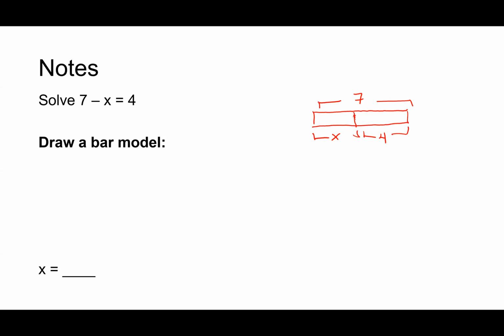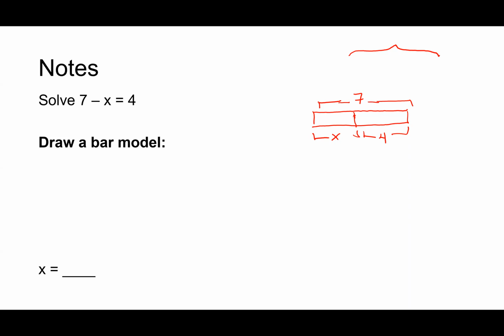Uzziah, is it okay if you do the little thing that shows 7? You mean like the little box? Not the box, but the thing that shows that the whole is 7. Like this? Yeah, can I do that? You can do that. I don't like to draw those things because I always draw them messy. So I just use brackets instead, but it means the same thing.